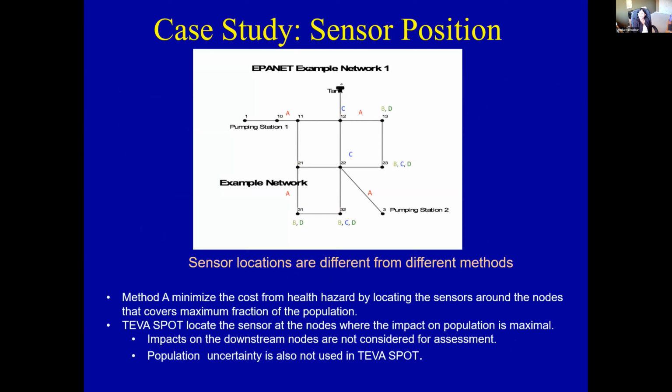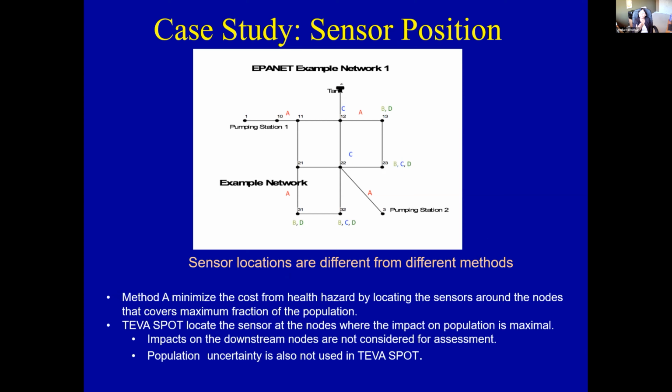If you look at how the sensors are placed differently, for method A, wherever there is an A written, that's where the sensors are placed. For method B, you can see that the nodes where the sensors are placed change completely depending on whether you're considering uncertainty or not.